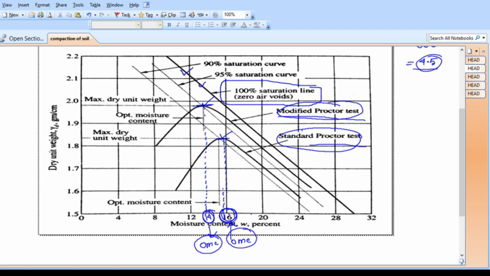This will be in a decreasing manner, and it will be parallel to the right side of this curve after it has achieved the optimum moisture content. We can find it out for other degrees of saturation like 90% or 95% also. You can find the gamma d value corresponding to its moisture content.